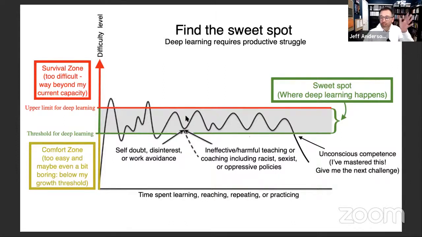So one of the triggers that I want you to kind of know for yourself is there are many times where teachers will develop policies that make us demotivated to learn, right? That drop us back into our comfort zone. And so one of the things that we have to do as students in classes like that is develop coping mechanisms by which we can counteract those harmful policies so that we can stay in our sweet spot.